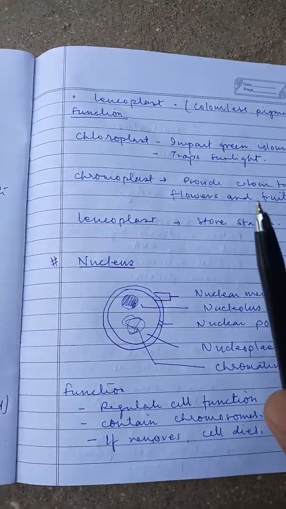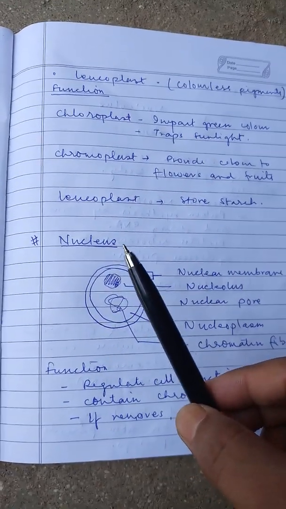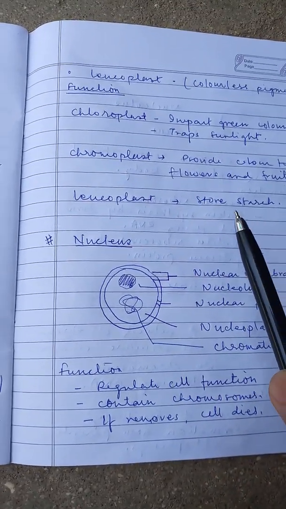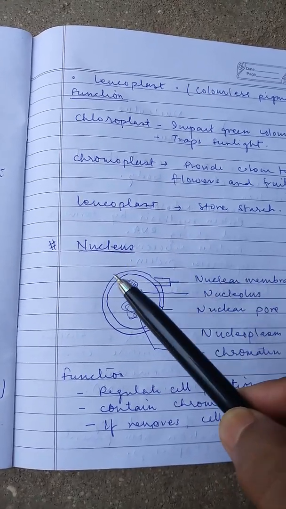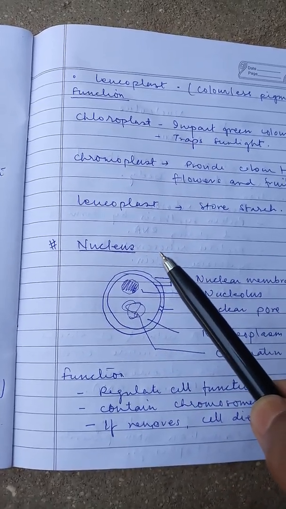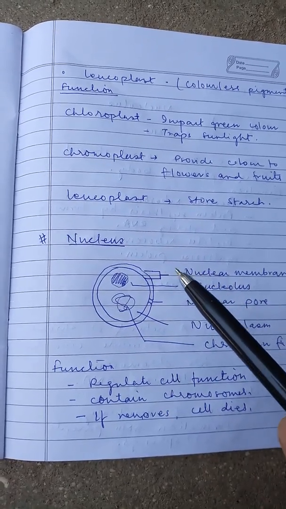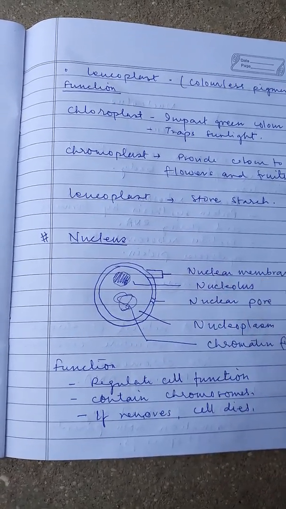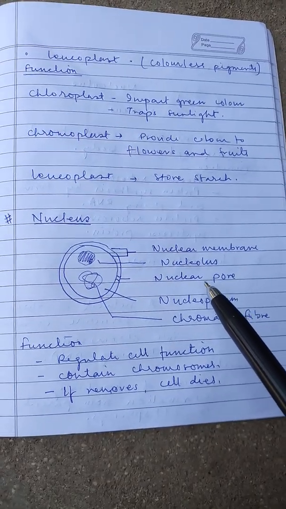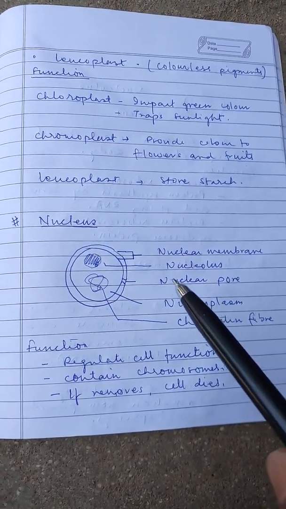Now next, the most important organelle is the nucleus. It is generally spherical in outline and present at the center of the cell. It is bounded by two membranes, outer and inner, with certain pores known as nuclear pores.